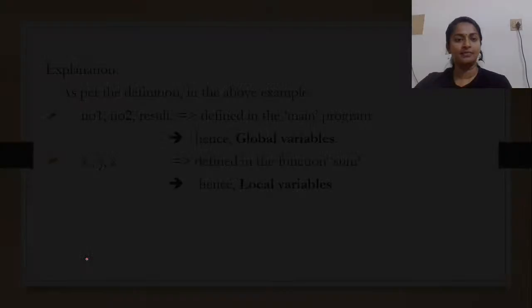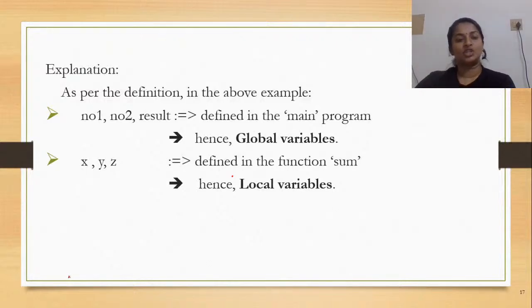So let us see. The explanation says, as per the definition, we could say that NO1, NO2 and result have a global scope and hence they can be called as the global variables. Is the idea clear? So the variables NO1, NO2 and result are having the global scope. Why the global scope? Because they're defined in the main function, right?